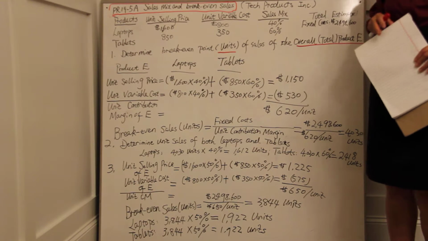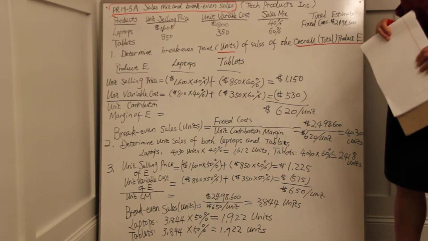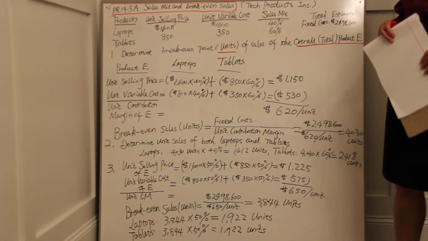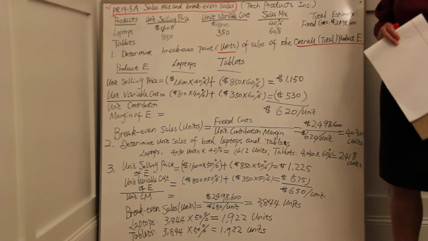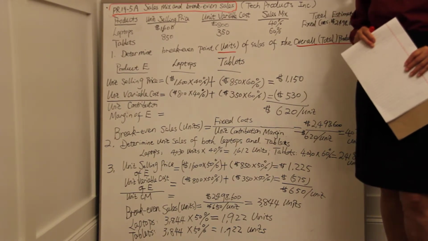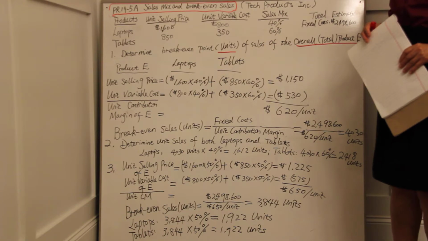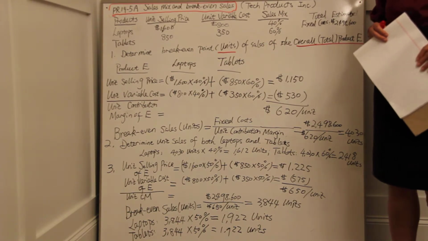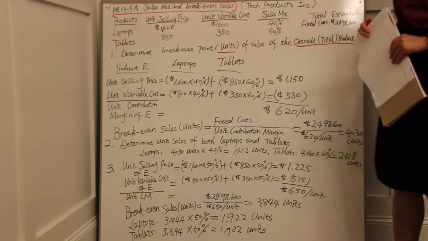Now we use PR 19-5A to learn how a company makes cost volume profit analysis when the company sells more than one product.